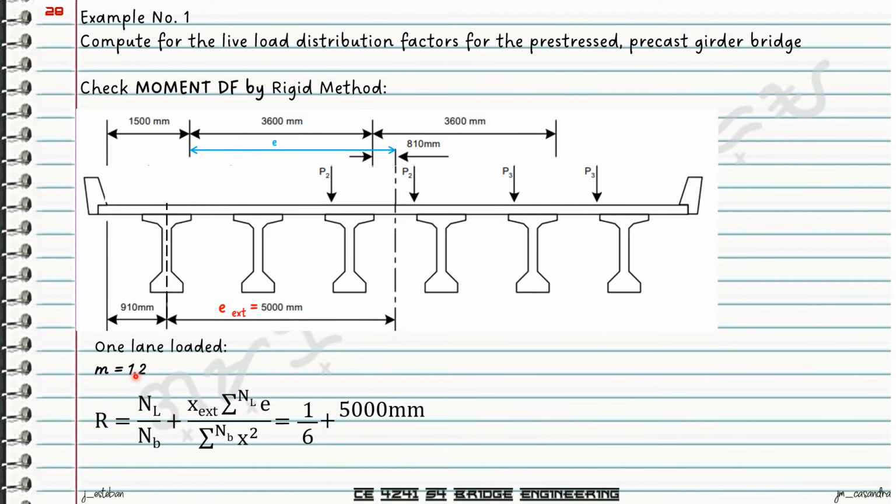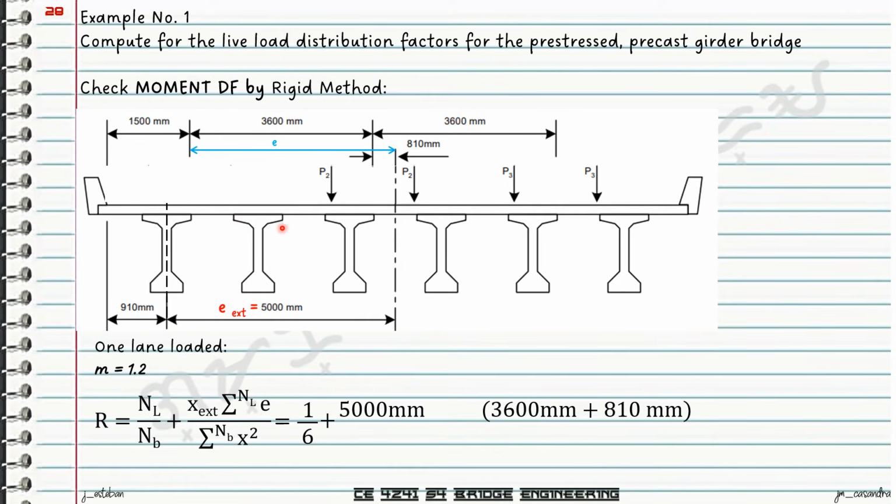So we'll only be considering one value of P, and that will be measured from the center line of the set of girders to the center line of your first design truck. And that's equal now to 3,600 plus 810. So divide this by the value of x, which is the distance of your individual girders to the center line of your set.